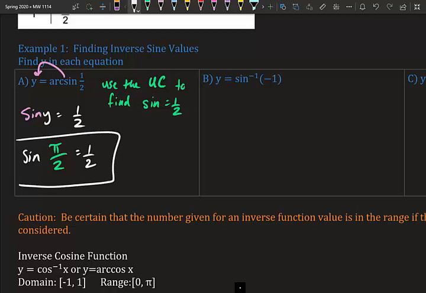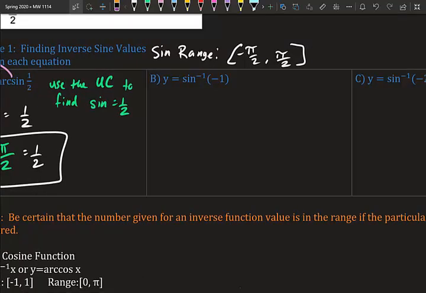Because remember, sine is the y value, so you want the y value, and where it matches up is pi/6. Just remember that the range, which is technically the domain of arc sine, is -pi/2 to pi/2. So we want to be looking at values in between that range.